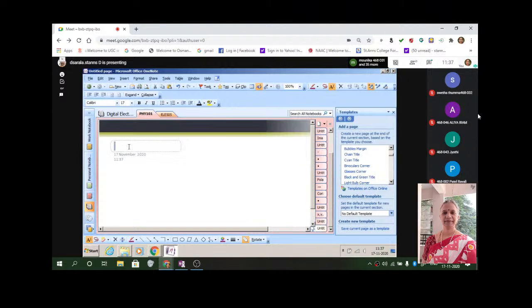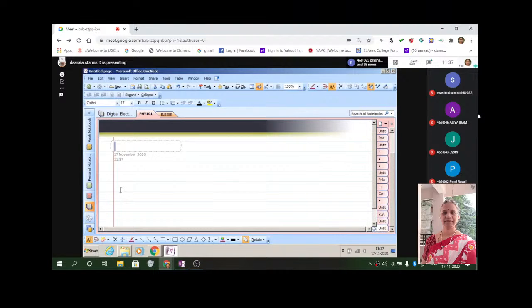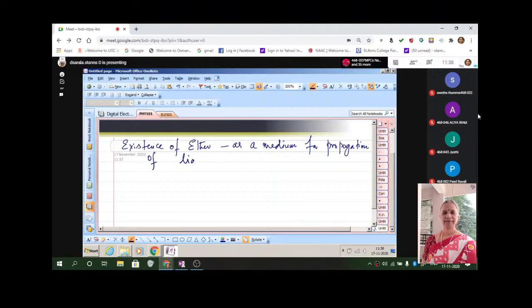Okay, so now let us take the existence of ether as a medium for propagation of light.